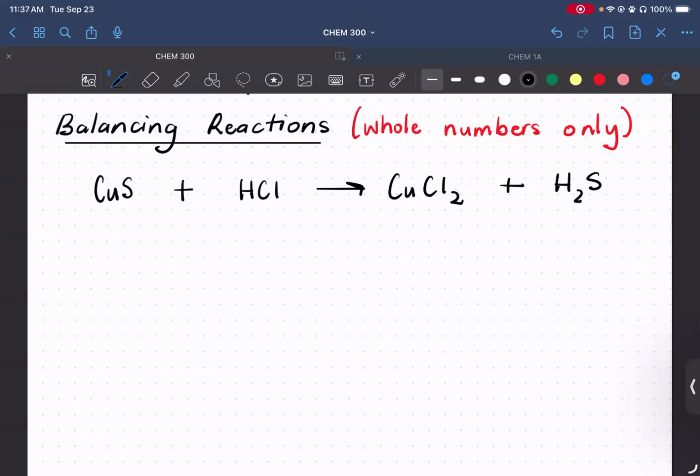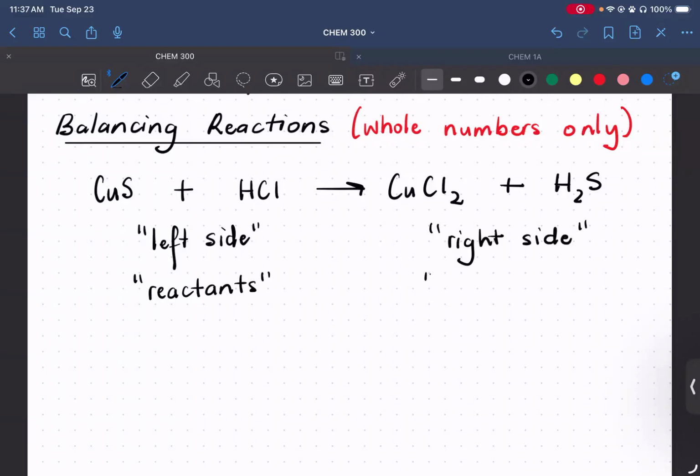All we know is left and right. So let's talk a little bit about that. Over here on the left side, these are what are known as your reactants. On the right-hand side, these are what are known as products.